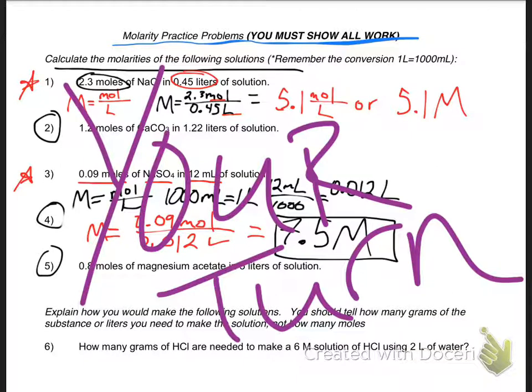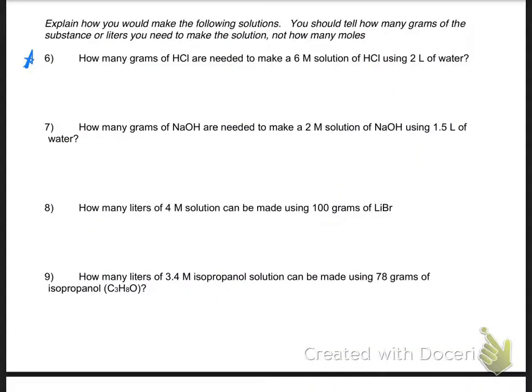Our next question is going to be number 6. So let's look. Number 6. This is a little different, a little bit more realistic. So number 6 says how many grams of HCl, which is hydrochloric acid, are needed to make a 6M, so 6 molar is what we said. I know molar kind of sounds like it should be a tooth, but it's not.